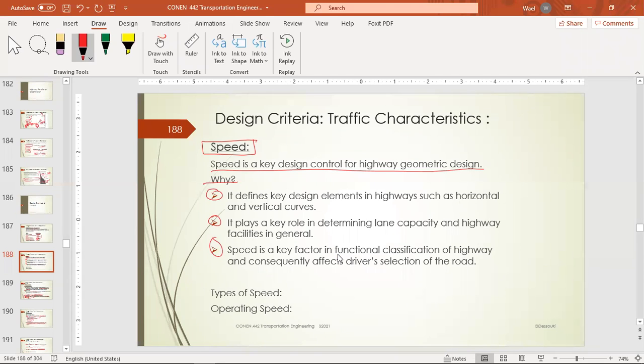Why? Because from the speed we determine the stopping sight distance, which governs most of the elements in designing horizontal and vertical curves, or the horizontal alignment and vertical alignment. As we mentioned, it defines key design elements in highways such as horizontal and vertical curves. It plays a key role in determining lane capacity and highway facility in general. Speed is a key factor in functional classification of a highway.